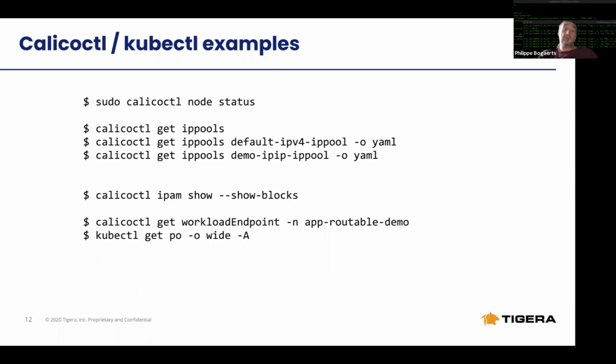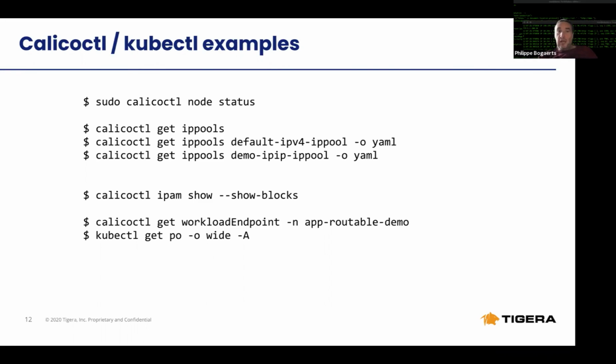An IP pool is nothing more than a subset of the pod side that you can assign a specific encapsulation type, like IP-in-IP, VXLAN, or no encapsulation. On an IP pool, you can also control whether we should enable outgoing address translation or not.